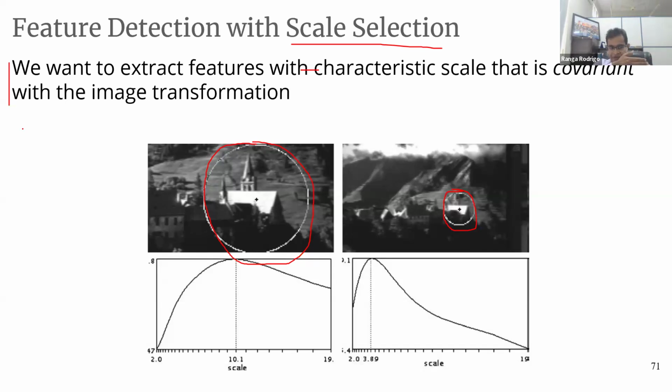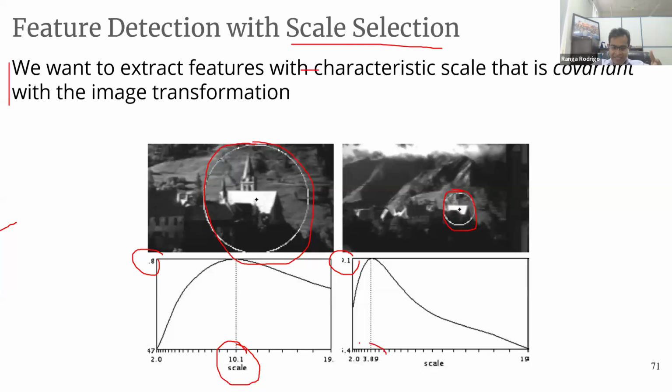What you saw was Harris corners are not scale invariant or scale covariant. So what we want to do is extract these features in a manner that is covariant with the image transformation. Notice this. If you have a function that responds to blobness, for this image it has responded the highest at 10.1 scale.